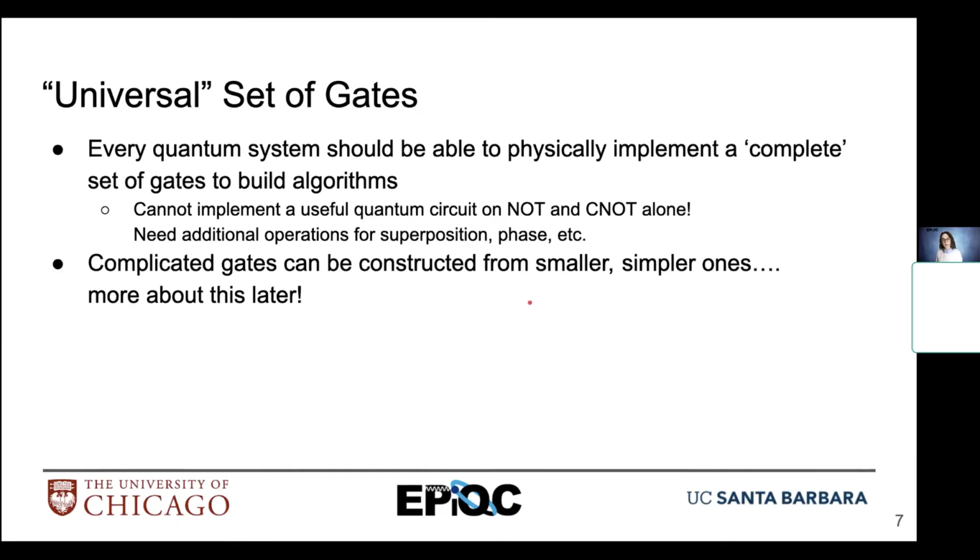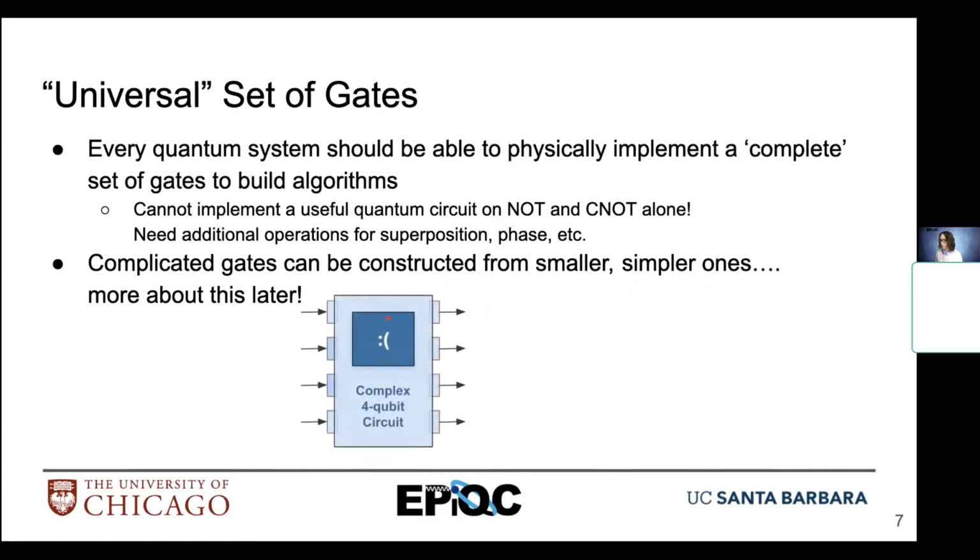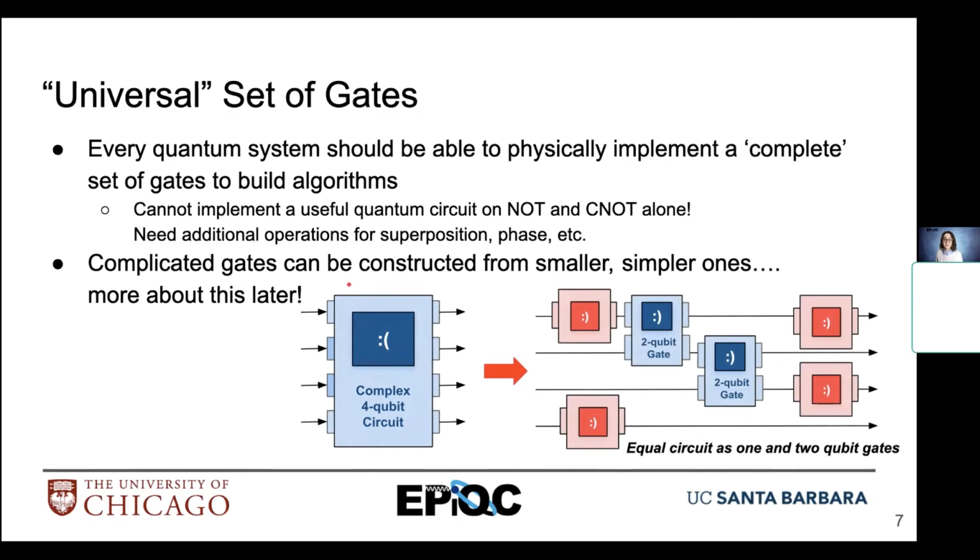One cool aspect that we'll talk about in the coming weeks is that we might have really complicated gates we need to implement, but these can be constructed from smaller, simpler ones. Let's say we have this really complex 4-qubit circuit, and we don't have a direct way to physically implement it on qubits, but luckily we're able to decompose it into a nice, happy set of gates that can be physically implemented efficiently on a particular platform.